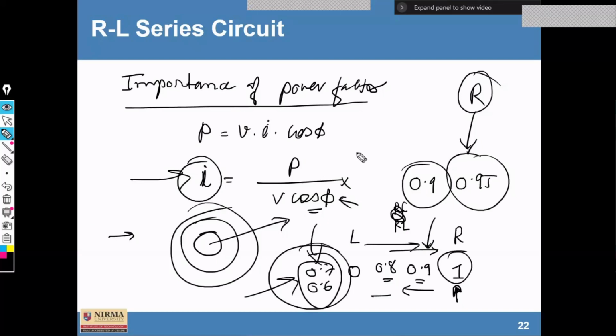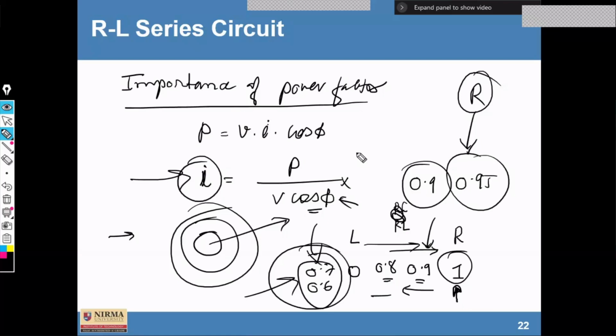I mean the units will be more, and ultimately your electricity bill will be more. So as an engineer, if you go to industry, you have to talk about power factor also. But normally in our local markets, we never ask about the power factor. We only look at the cost of the machine and then we buy it accordingly, isn't it?